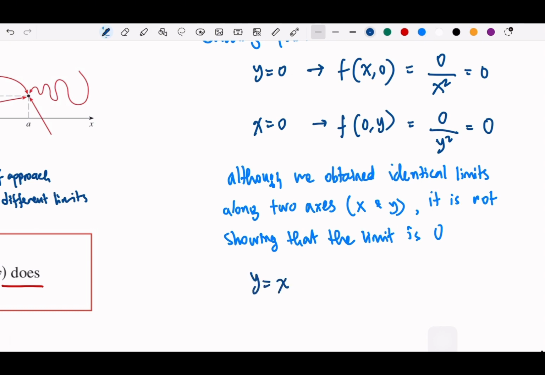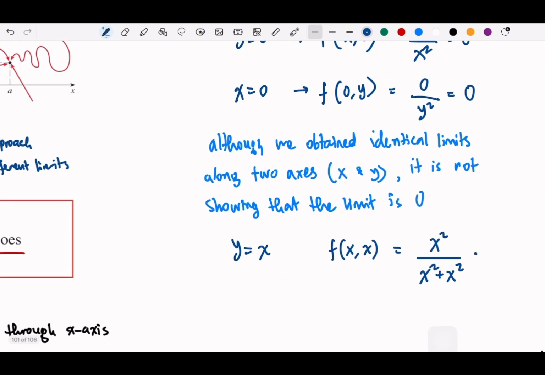Taking for example y equals x. We can substitute x with y or y with x. Let's say we substitute y with x. This gives f(x, x), where the numerator is x squared and the denominator becomes 2x squared, which gives 1/2 as the result.